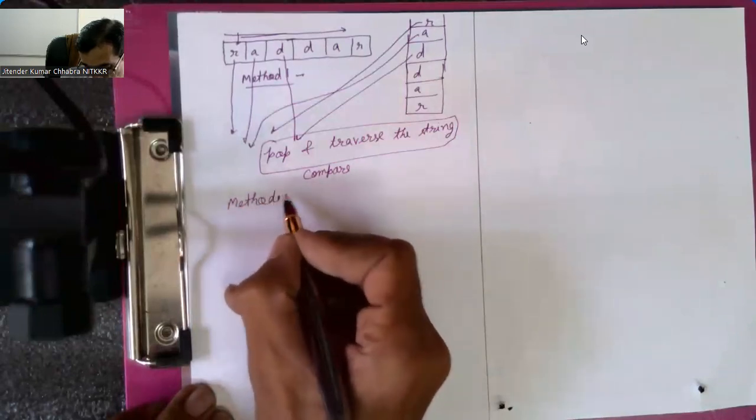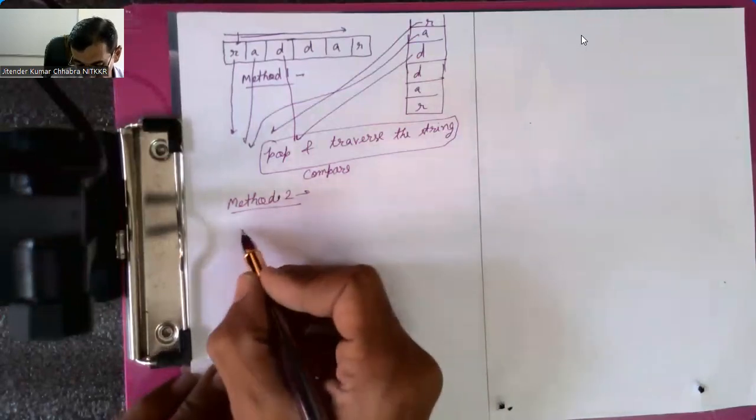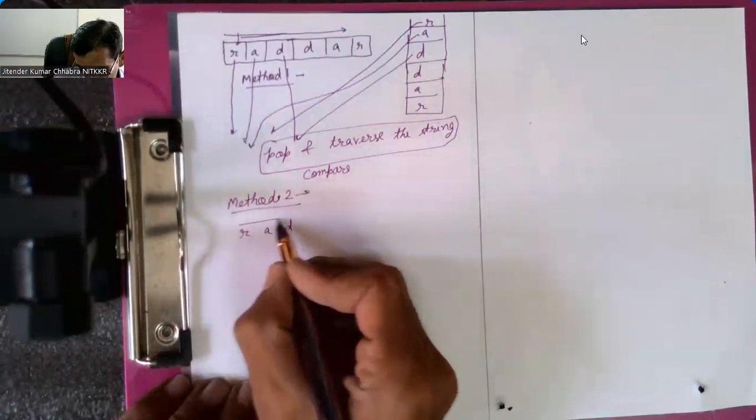Why do all this for the full string? I say the same process you can easily do by just pushing up to half.